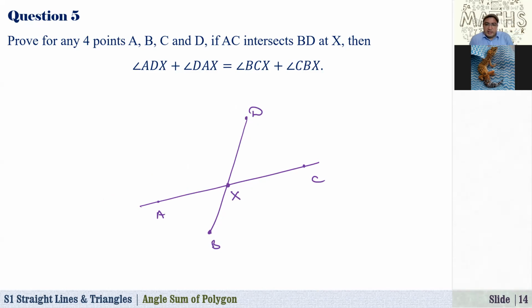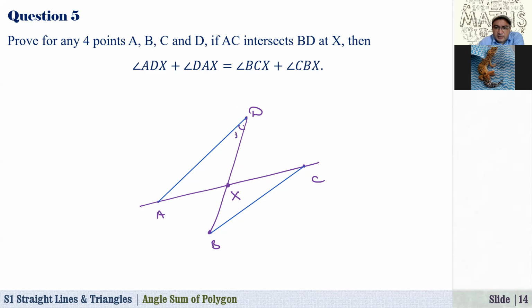So we have to show that ADX and the BCX, and the CBX. If you're given, of course, this BC and AD, they are not parallel. They don't have to be parallel. Let me just use letters, it's much easier.